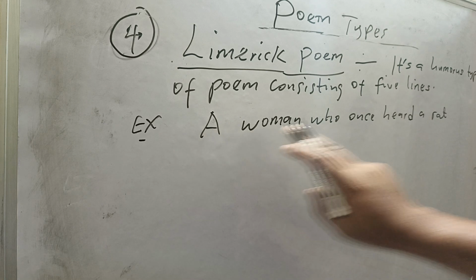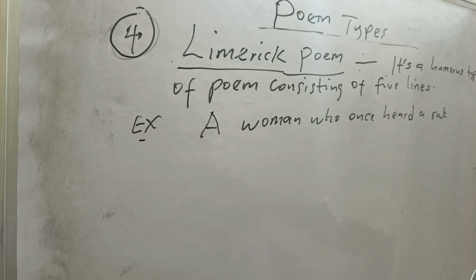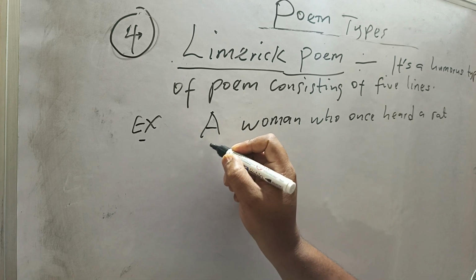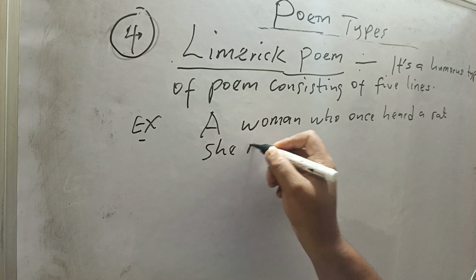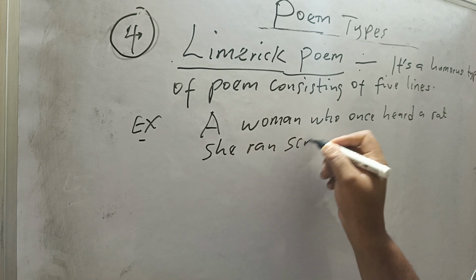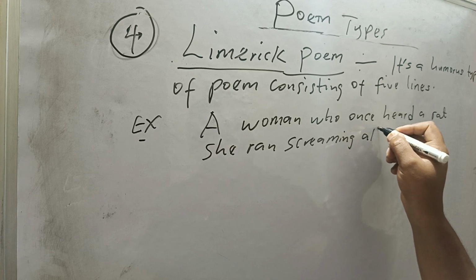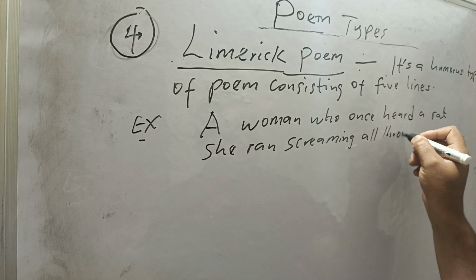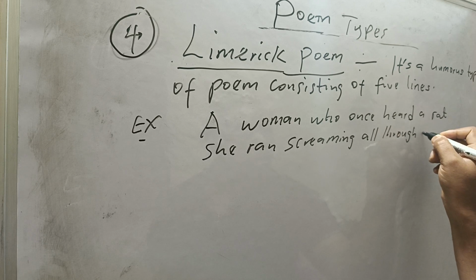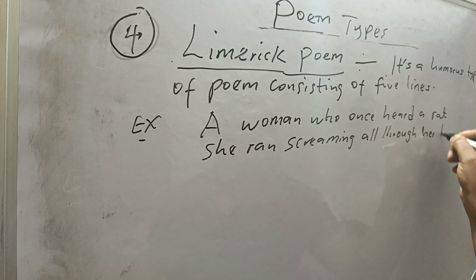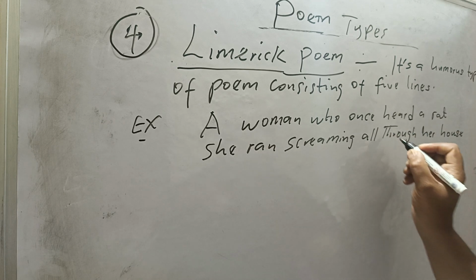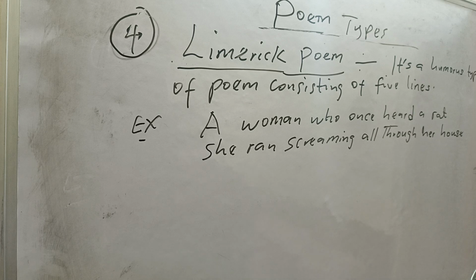So if we say a woman who once had a rat, that is line 1. Then she ran screaming all through her house.